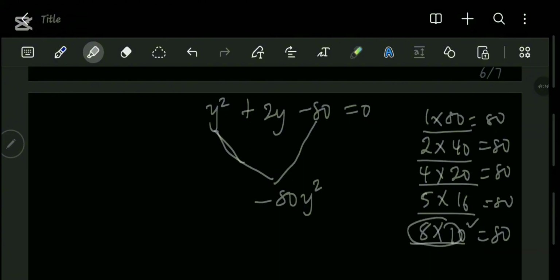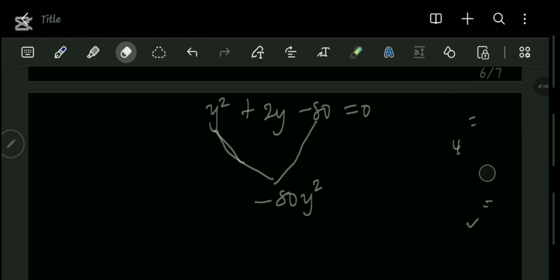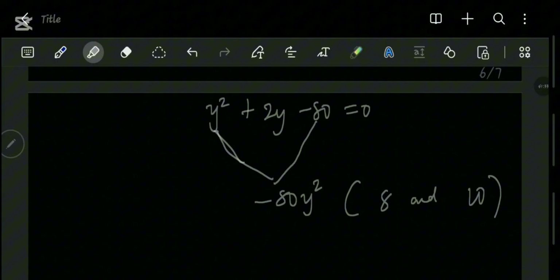So I'm going to get rid of the remaining. I'm using 8 and 10, right? The next thing I want to do is modify this 8 and 10 in such a way that when I multiply it gives me a negative, and when I add it gives me a positive.